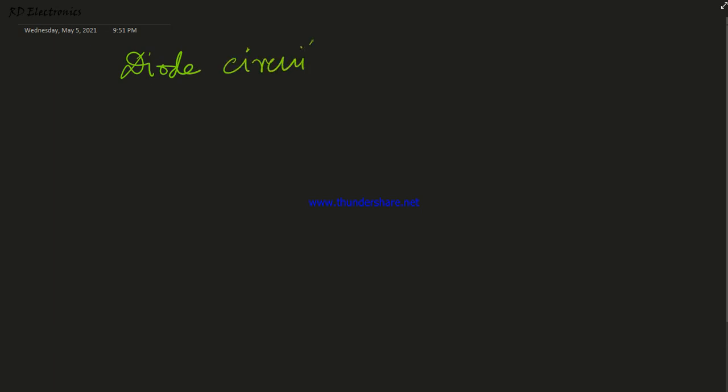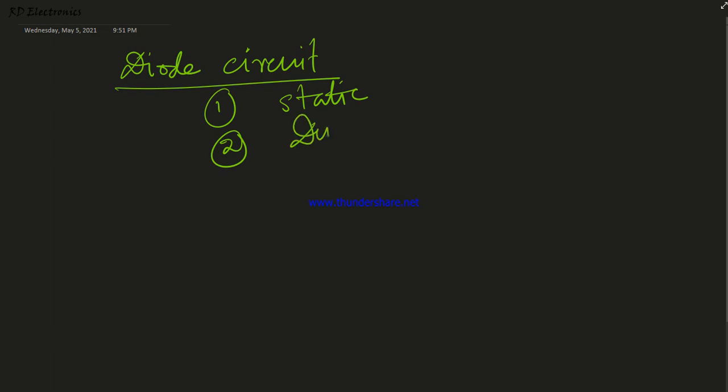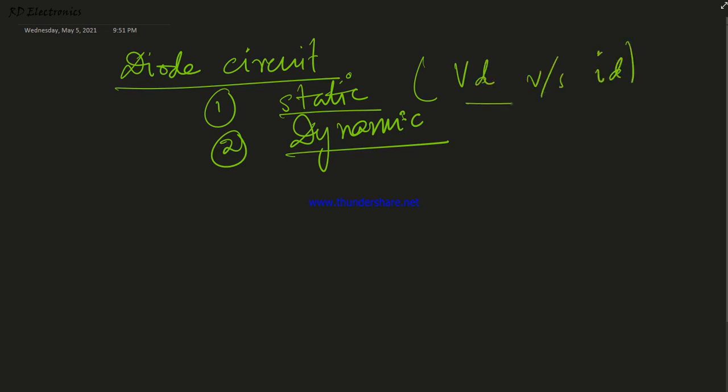Now we talk about the diode circuit. What are the properties of a diode circuit? Basically there are two common characteristics: one is static characteristics and number two is dynamic characteristics. Both are very important for diode characteristics. In the static characteristics, we plot diode voltage versus diode current, varying the supply voltage.